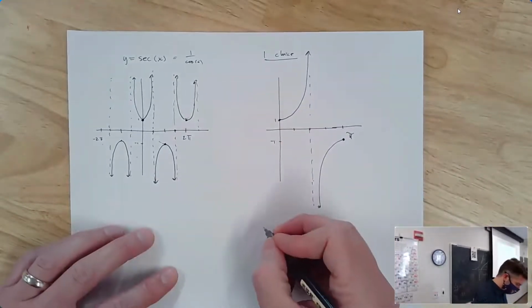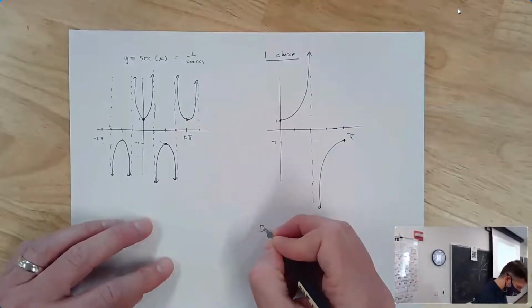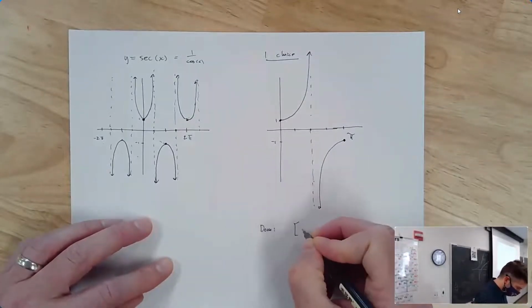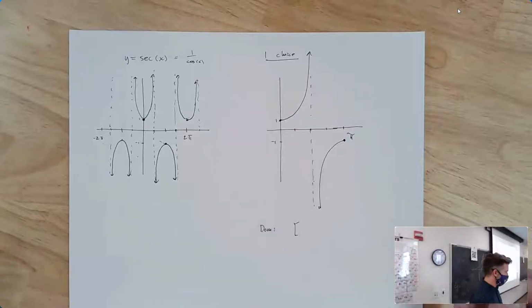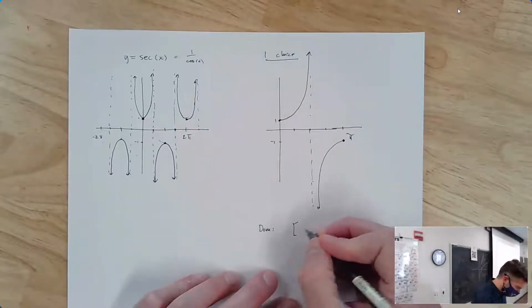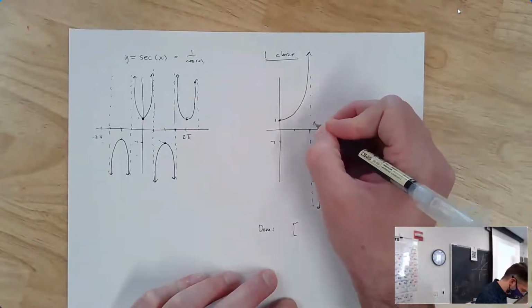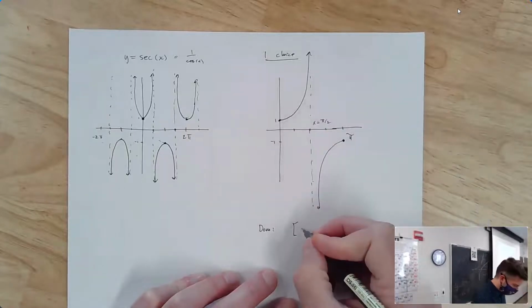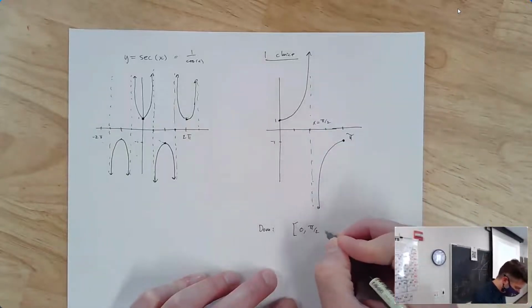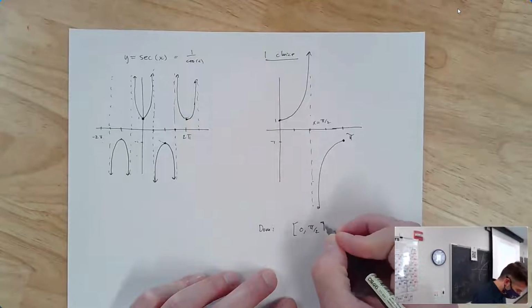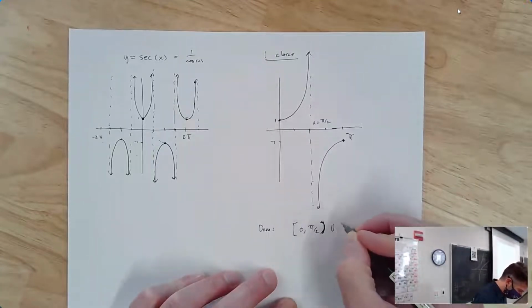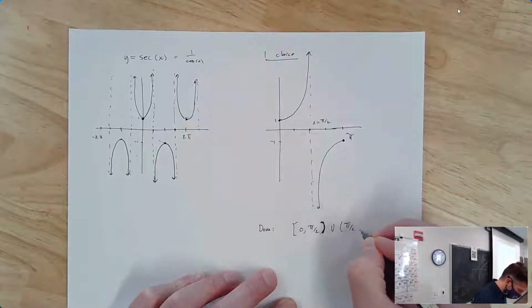So here we're restricting the domain. I usually just write it from 0 to pi, but technically you should exclude the asymptote at x equals pi over 2. So it's 0 to pi over 2, parentheses, because we don't want that value, union pi over 2 to pi.